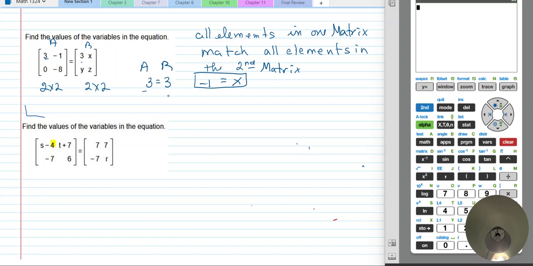We have on the next row, 0 must equal Y. So that is our, to make it equal, and -8 equals Z. All right, so we have found that first they are equal in size, and then now they are equal in value.